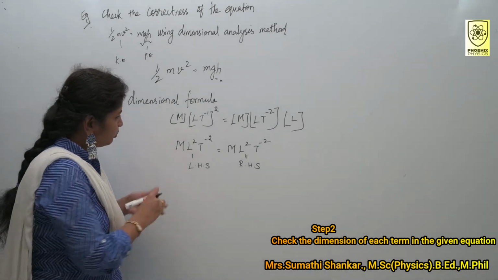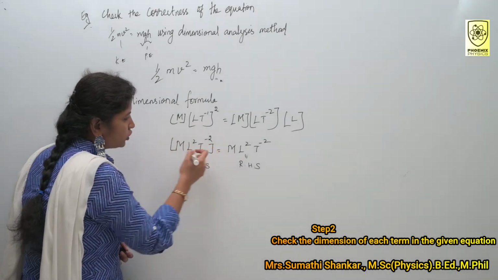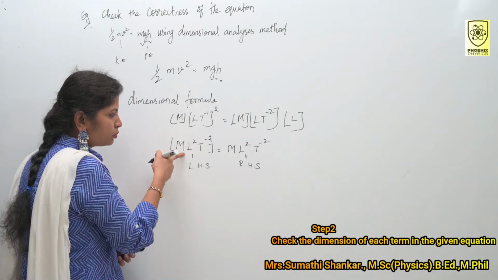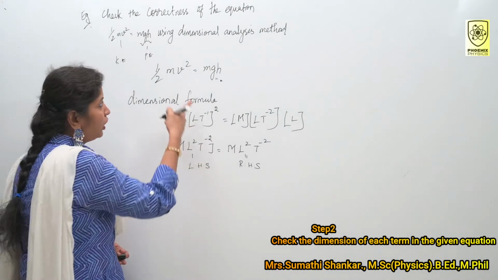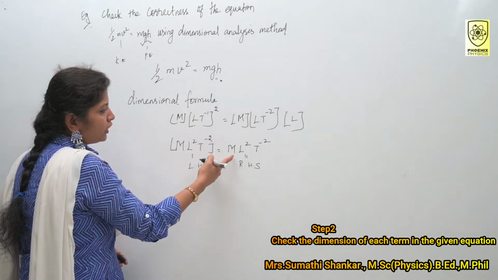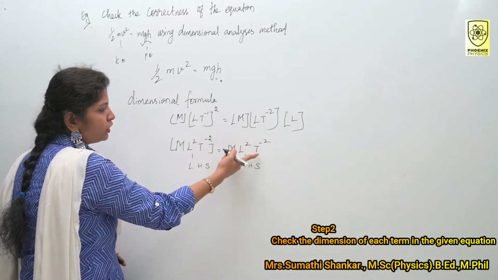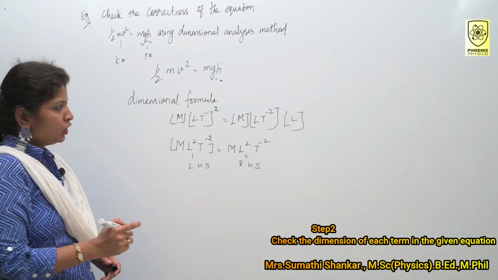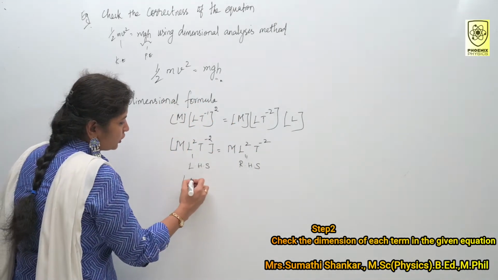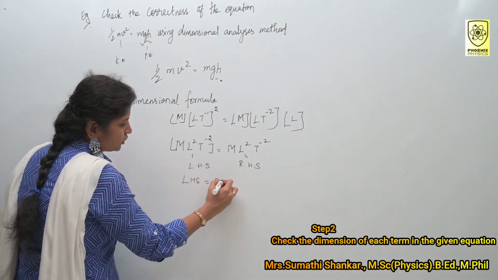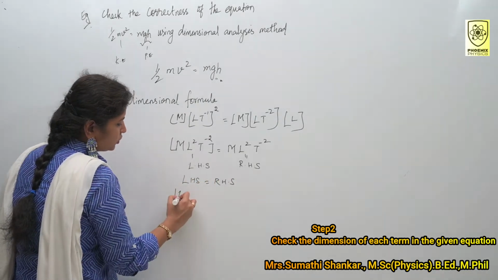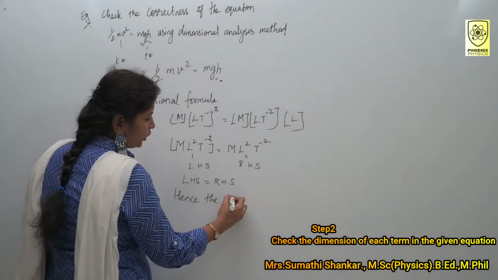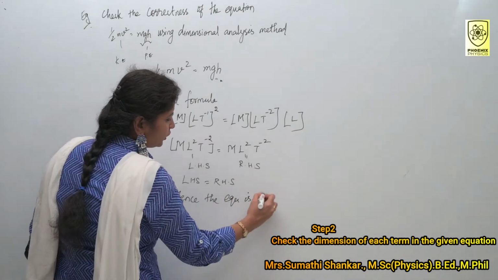Here M L square T minus 2 is the dimension of half mv square, and M L square T minus 2 is the dimension of mgh. So LHS equal to RHS. Hence the equation is dimensionally correct.